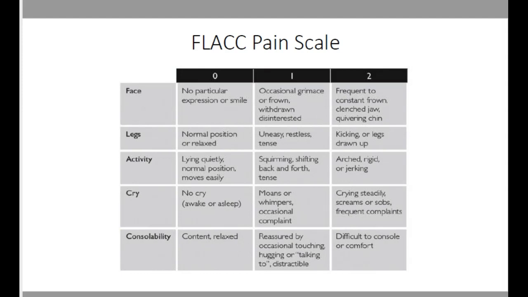The FLACC scale is derived from face, legs, activity, cry, and consolability. Depending on their facial expressions, there's a designated number equivalent to that, as well as movement of the legs, activity, cry, and consolability. Depending on that, you add it all together, and that's the patient's pain level.